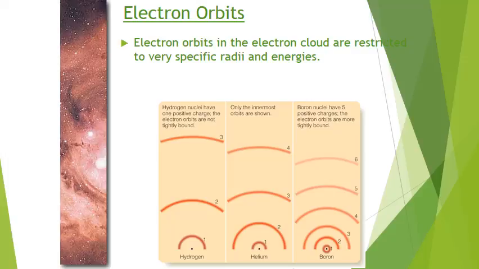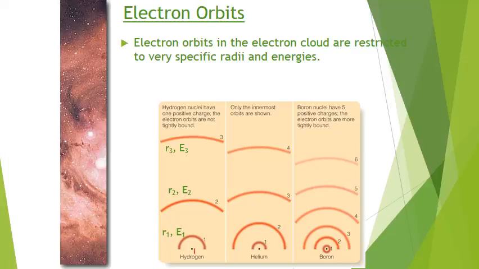But what's interesting is that due to the structure of the atom, all atoms are laid out a little bit differently. Something like hydrogen, as we see here, has a nucleus, as does helium and boron, and they have different numbers of protons, different numbers of positive charges, and that affects the structure of what are called the electron energy levels.